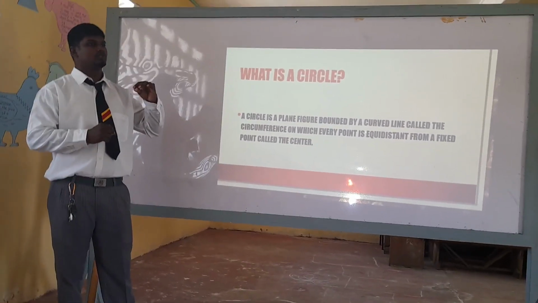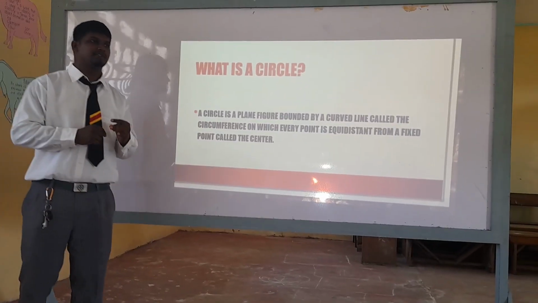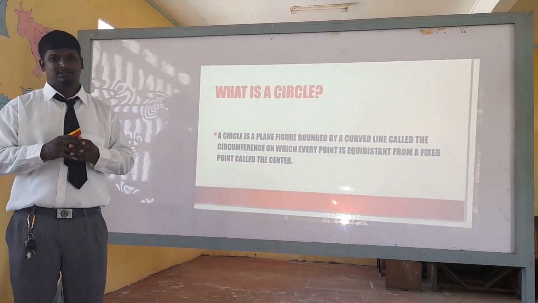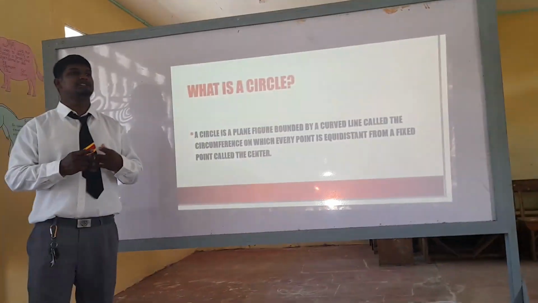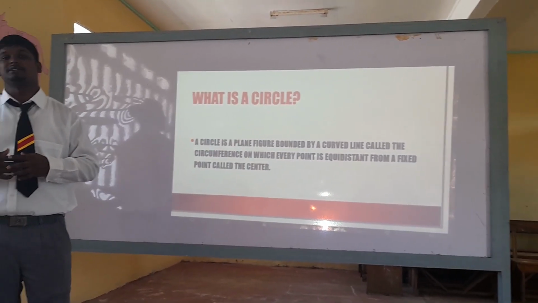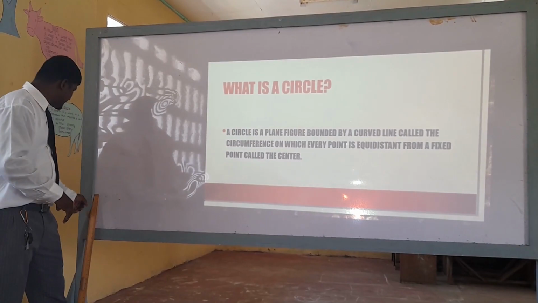Now, I want you to think about the parts of the circle. Here are some parts of the circle. There are many parts in fact, right? Now we need to know what is each part and where it is located on the circle, right? Now let's have the next slide.